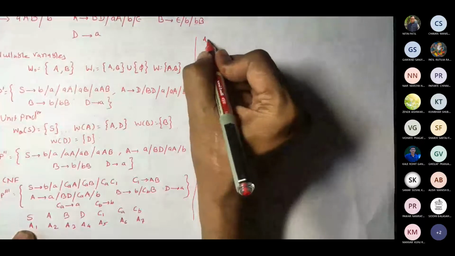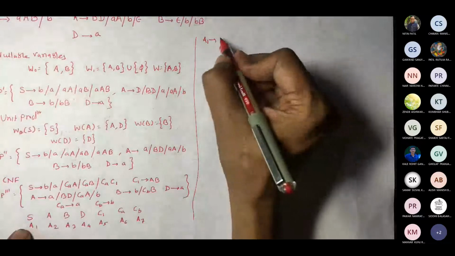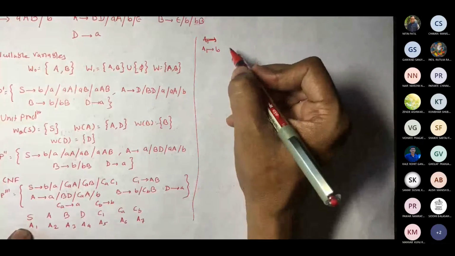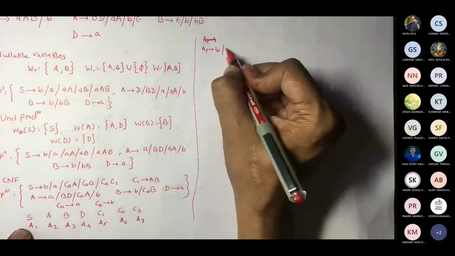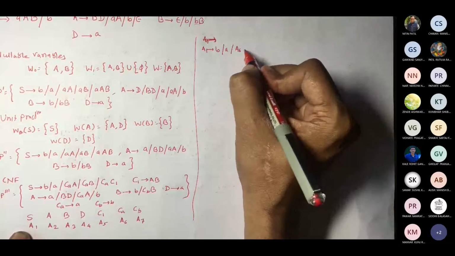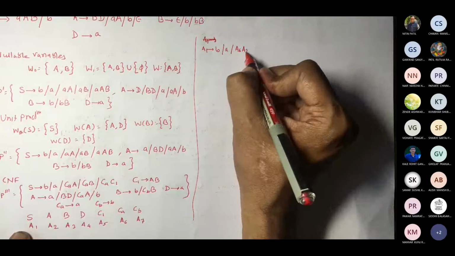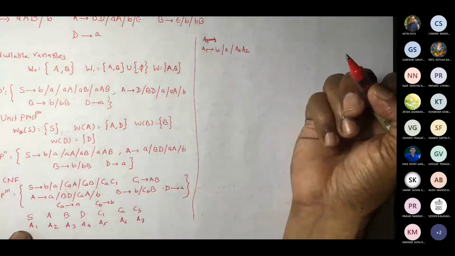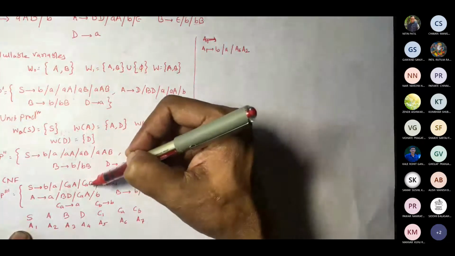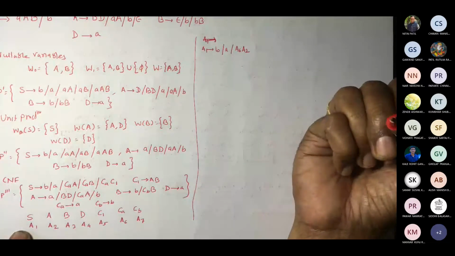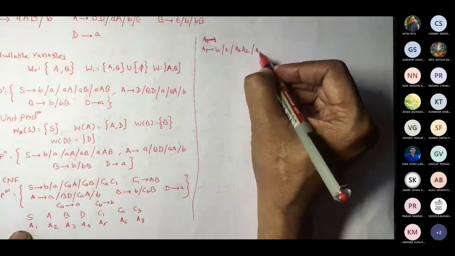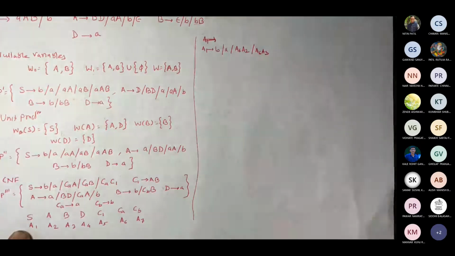So A1 gives, tell me now the productions. A1 gives B, correct? Then A1 gives A, A1 gives CAA. So it is A6, A2. Am I right? Then next one is CAB. What would be? A6, A3. Correct?